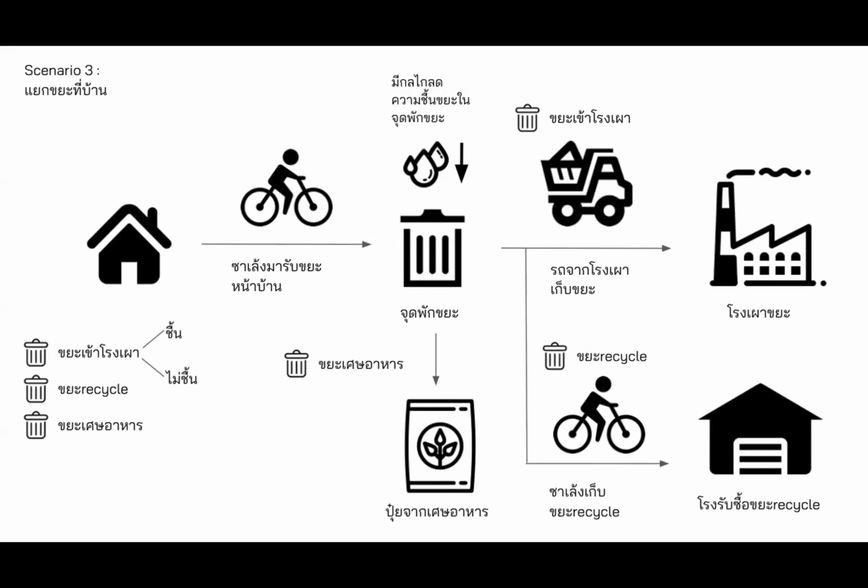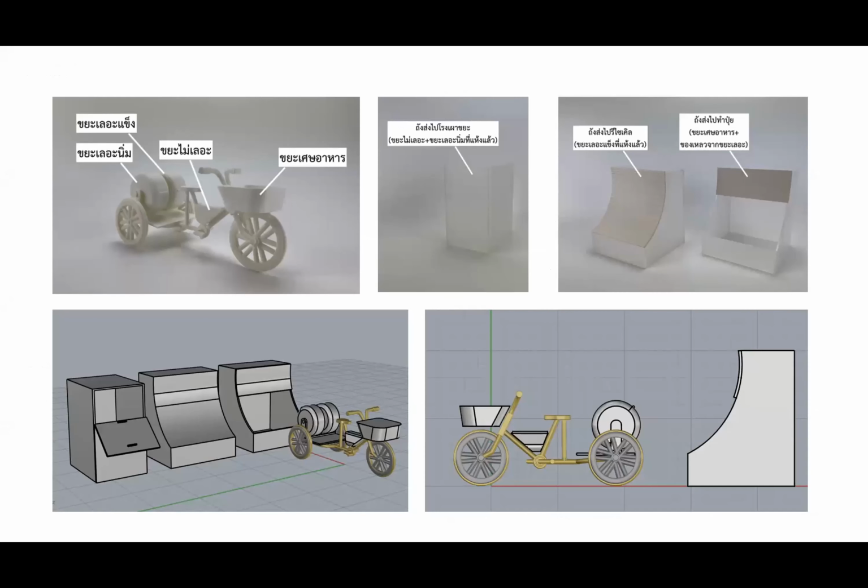And then we look at the whole system, from the different types of waste. We're planning on using bicycles to collect this waste and separate it, and then send it to the incineration plant, or sell it, or create compost from it. And then this is our first prototype and ideas.